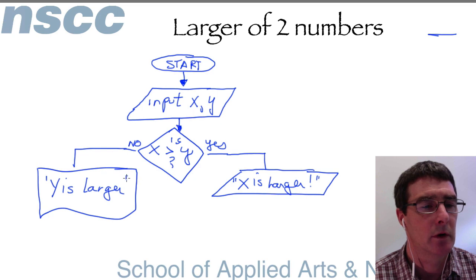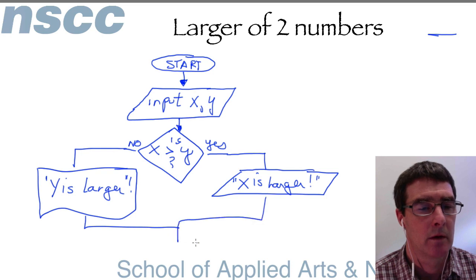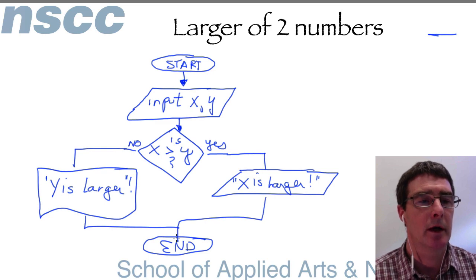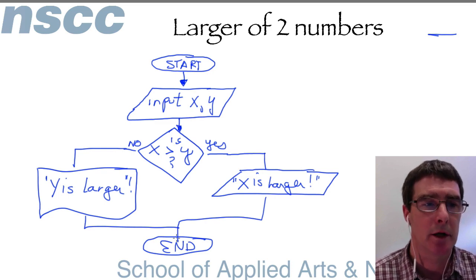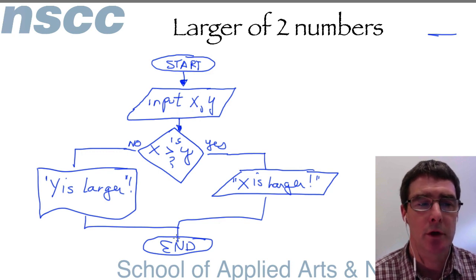And since we're all done, we just need to end our program. So the idea here is that you have something that diagrams your logic. It's very simple, it's using standard symbols, and you can look through your logic and make sure you don't have any errors before you actually start to code your software process.